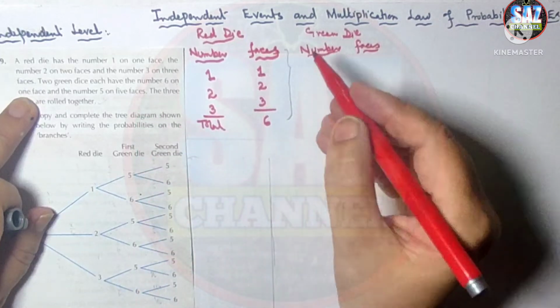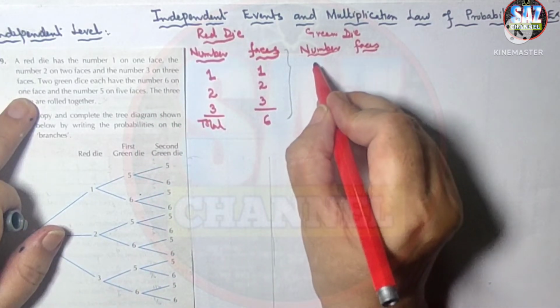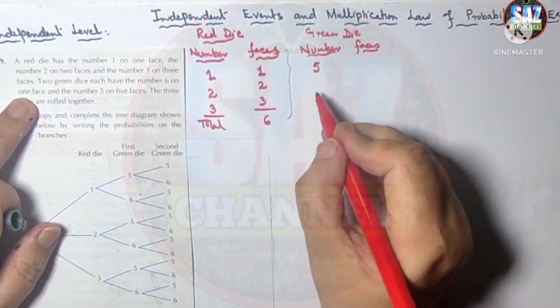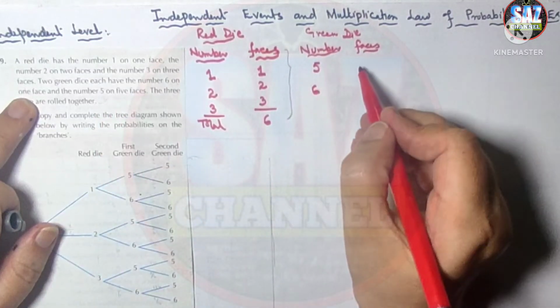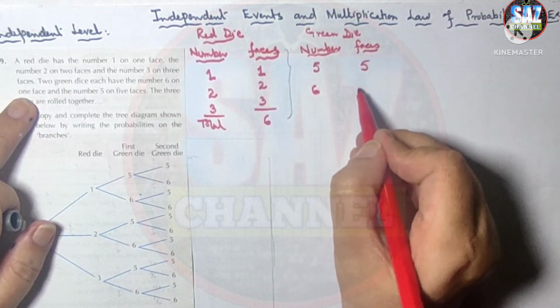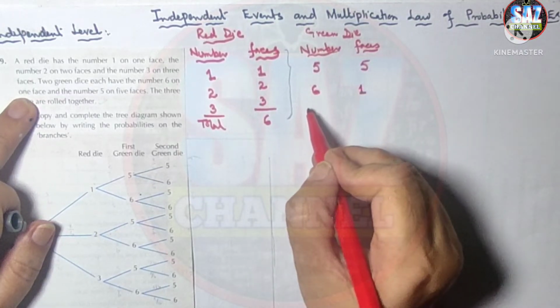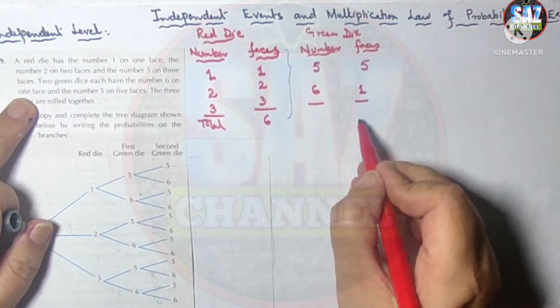There are 2 numbers printed here, 5 and 6. 5 is printed on 5 faces, and 6 is printed on 1 face, and the total again is 6.